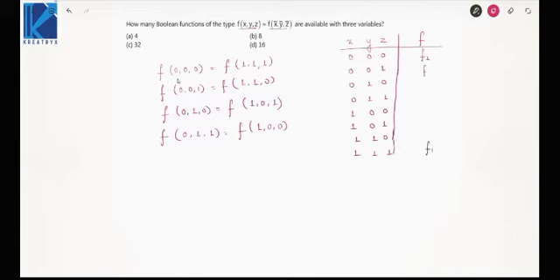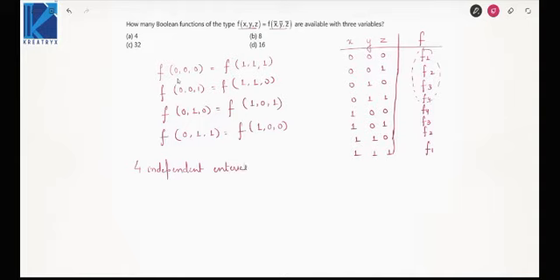If 0, 0, 1 is f2, then 1, 1, 0 is also f2. If 0, 1, 0 is f3, 1, 0, 1 is also f3. 0, 1, 1 is f4, it is also f4. So you can have 4 independent entries in truth table.